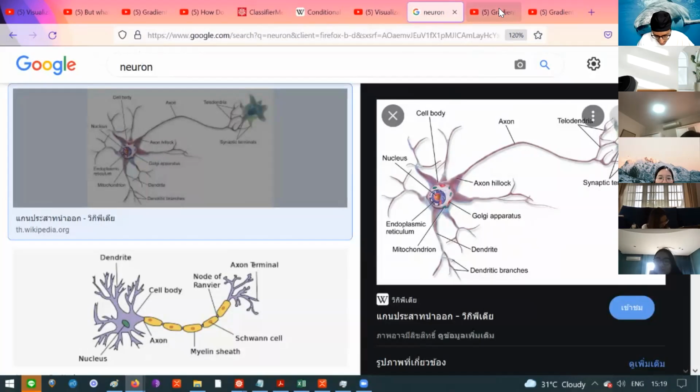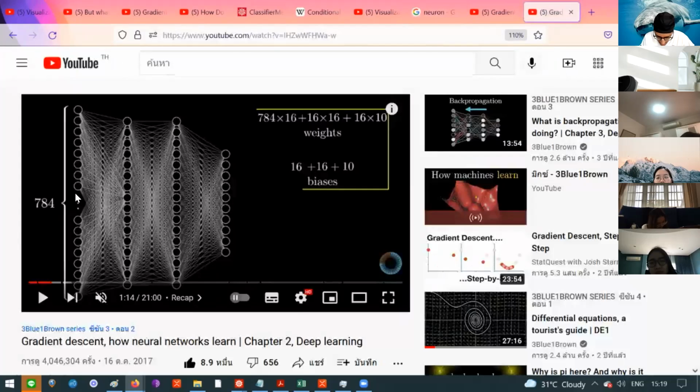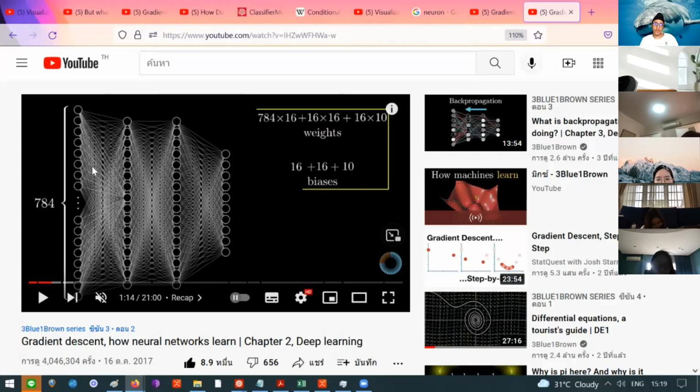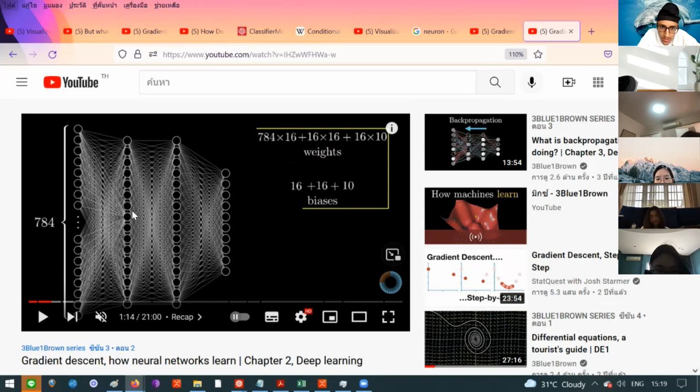Each of them is multiplied by the weight in here, and goes to this one. Inside this one, there's a threshold. You sum it, subtract the threshold from it, and then you find the logistic sigmoid.